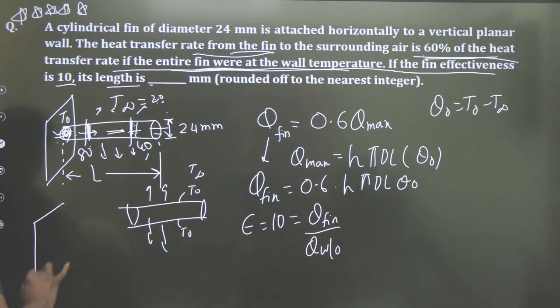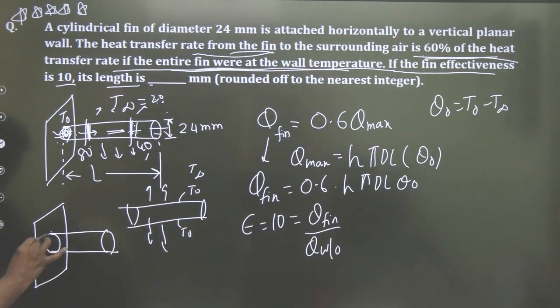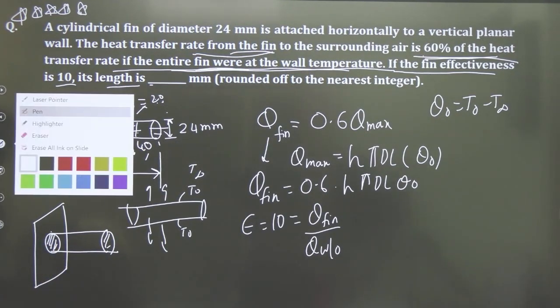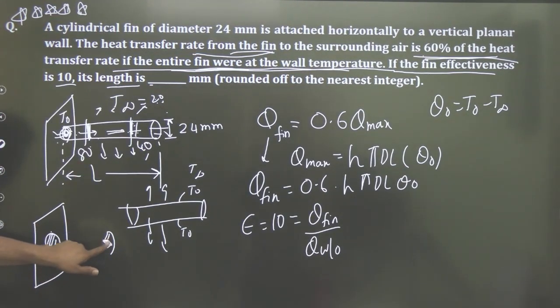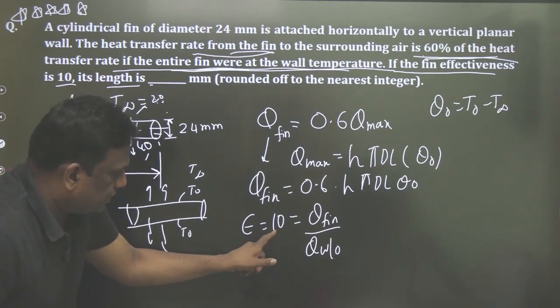If you see this, you have attached a fin here. This is the diameter. Now if there is no fin, let's see what is the heat transfer. Heat transfer with fin over heat transfer without fin, that is the effectiveness, which is 10.